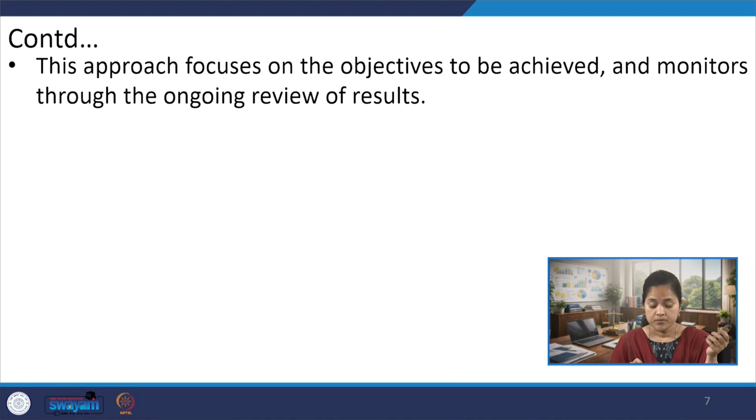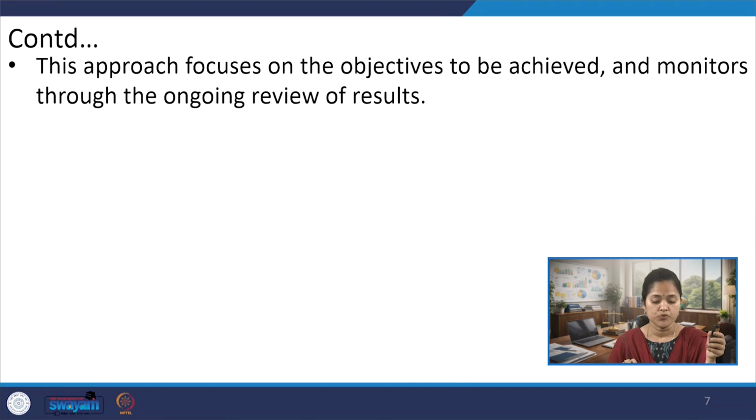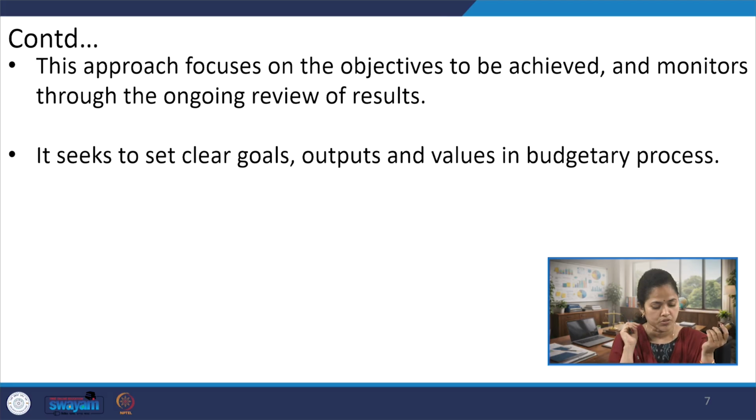And so, this planning, programming and budgeting approach focuses on the objectives that can be achieved, and it also monitors the implementation of the projects or the policies and reviews the results. So, one thing is clear for all of us: if a manager is following this planning, programming and budgeting approach for policy monitoring, then the monitors would be able to set clear goals.